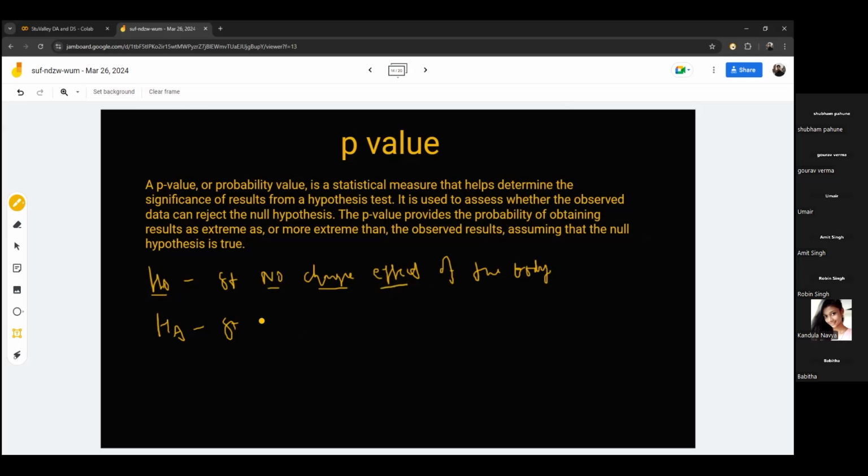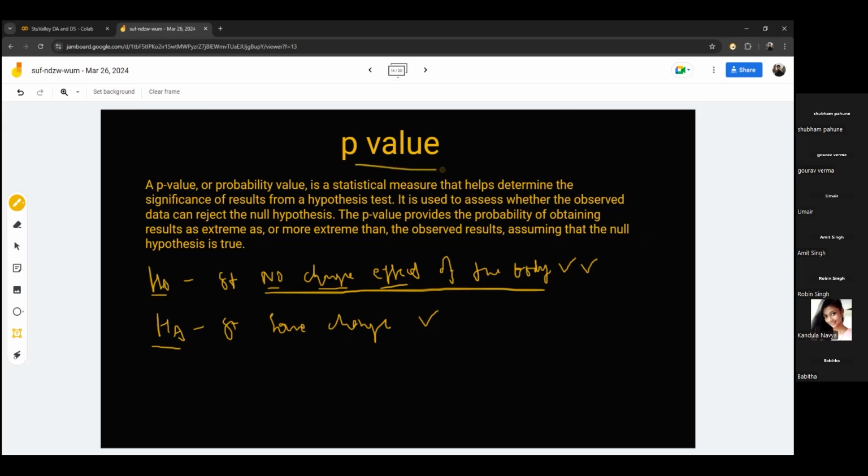Second, the alternative hypothesis, let's assume, says there will be some change. So we'll do our test keeping this in mind. We'll see whether our placebo medicine is really working or not working, right?